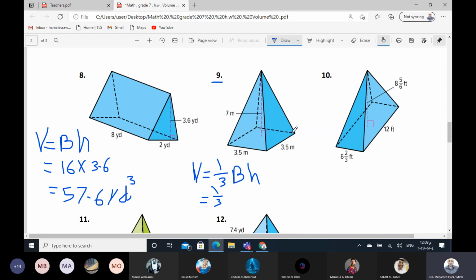As you see here we have a square, so the area will be the side times the side, 3.5 times 3.5, which will be 12.25, times the height of the pyramid, which will be 7.